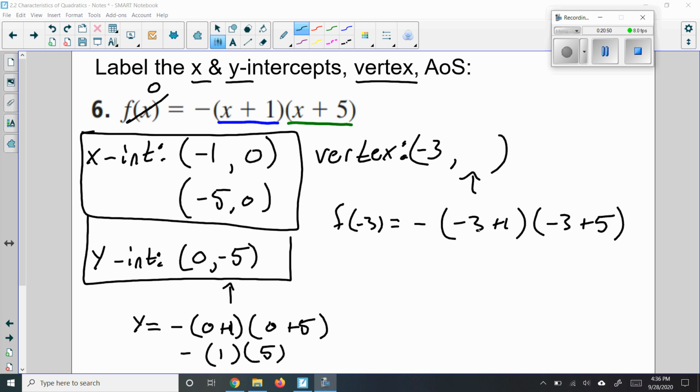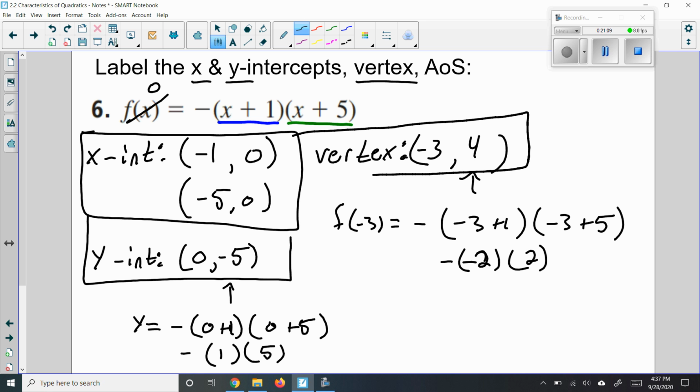Well, negative 3 plus 1 is negative 2. I have this negative out front. And negative 3 plus 5 is 2. So negative 2 and 2 make negative 4. And I apply this other negative, and I get positive 4. So the vertex here is negative 3, 4.